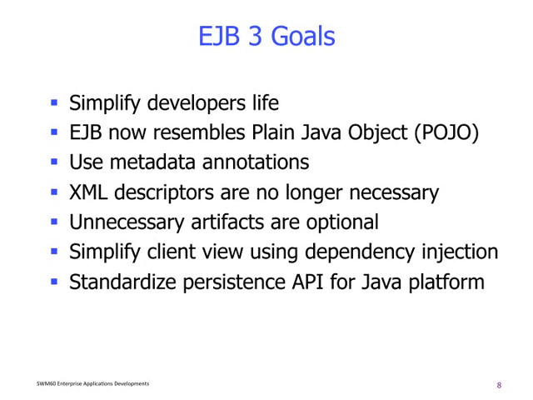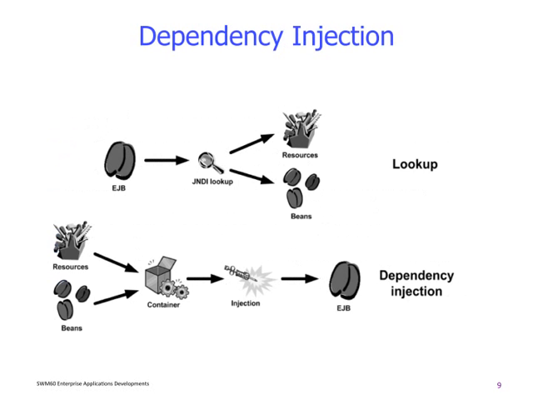Normally, without dependency injection, we have this situation. The EJB is invoked, and then needs to find the interface to resources, needs to identify resources. So the JNDI, Java Naming and Directory Interface lookup is performed, and the interface to these resources is returned.